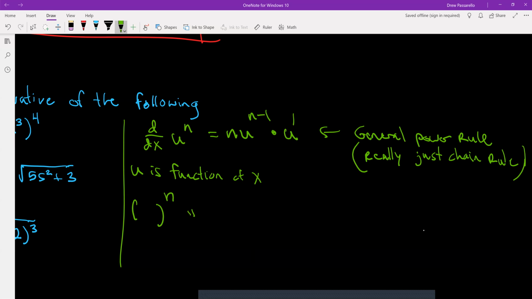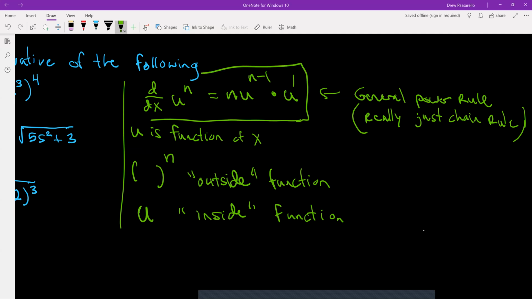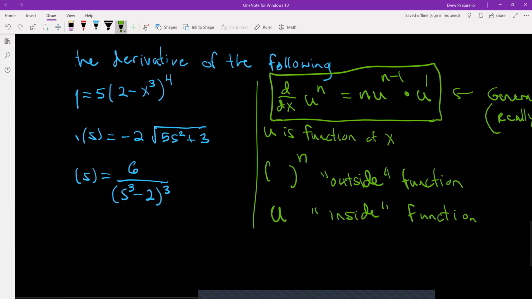That's what I think of as the outside function. And then whatever's inside the parentheses, in this case, if I had u to the n, u would be the inside function. And then chain rule is derivative of the outside function times derivative of the inside function. But specifically for this case, we're talking about the general power rule that I'm going to apply to these problems.